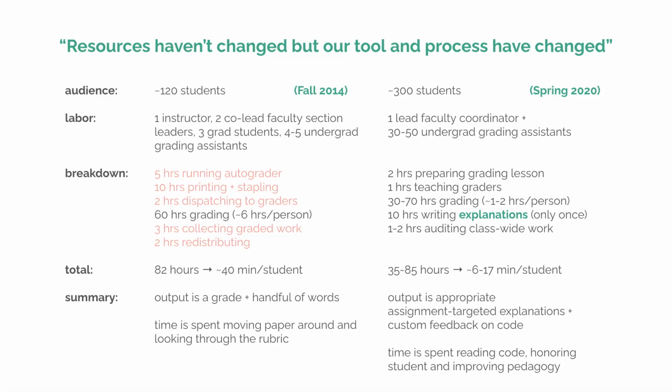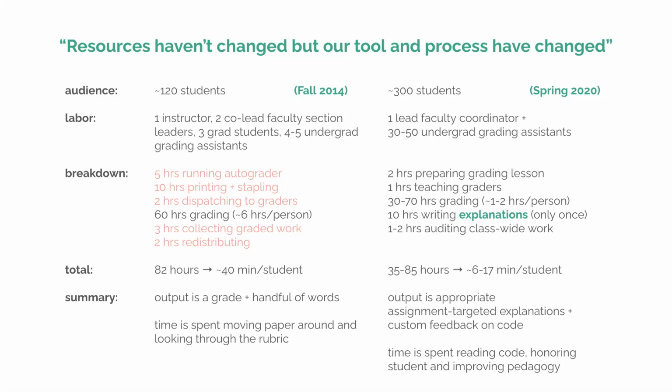So in spring 2020, we have 1 lead faculty coordinator that's managing the grading, and 30 to 50 undergrad grading assistants. So there are other instructors that take care of other aspects of the course, but here I'm telling you about the grading part of the course and who's involved in the grading.